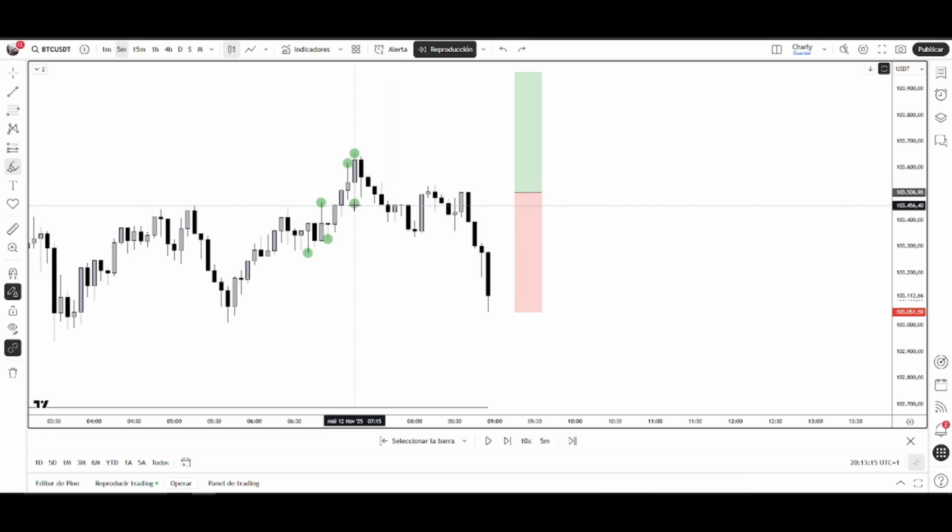But the BOS is created right here with this candle. So if we take the general structure in consideration only, we have high, low, lower high, lower low. In the beginning, we had high, low, lower low, but then the market creates a bullish BOS to then take the low.